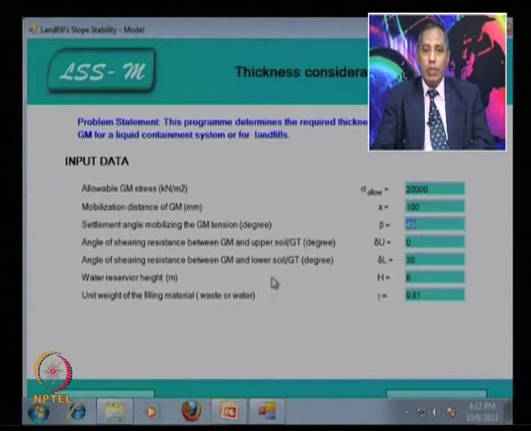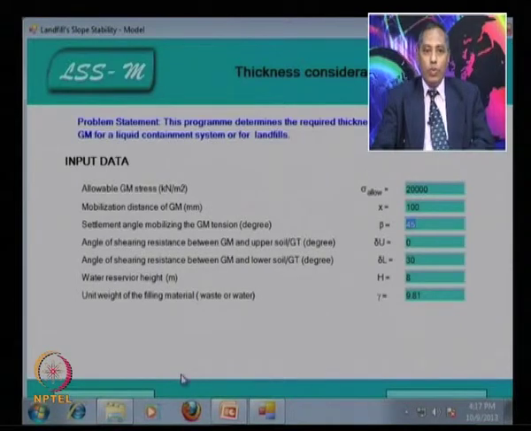The angle of shearing resistance between geomembrane and the lower soil or the geotextile in degree, delta, is equal to 30 degree, water reservoir height H is equal to 8 meter, and the unit weight of the filling material, waste or water, gamma, is equal to 9.81.